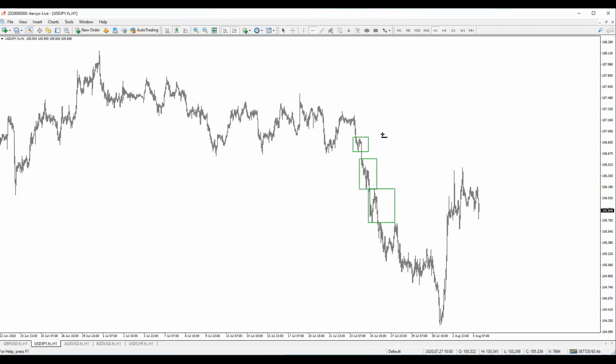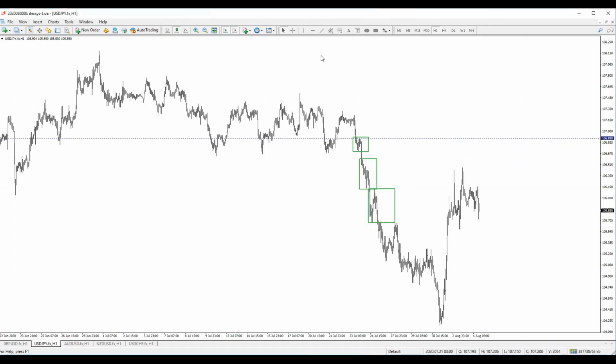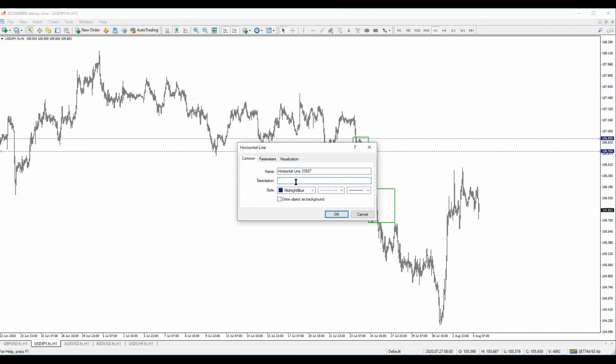Okay, so here's the origin of the flag, right? Origin of the flag. Here is the tip of the flag, which is the breakout level, right? Let's mark it. Breakout level.